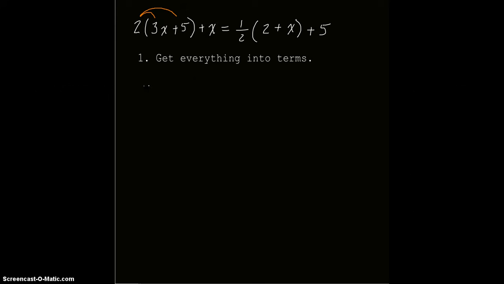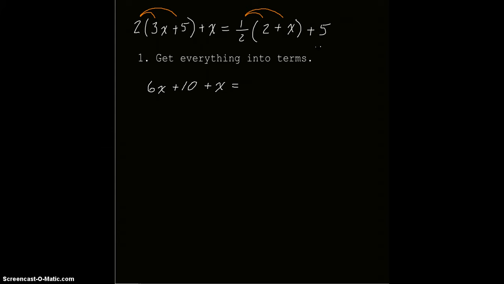So on the left hand side, I'm going to have 2 times 3, or 6x, plus 2 times 5, which is 10, and then I'll keep that plus x. Now I've got 1/2. This 1/2 is going to again multiply to the 2 and to the x only.